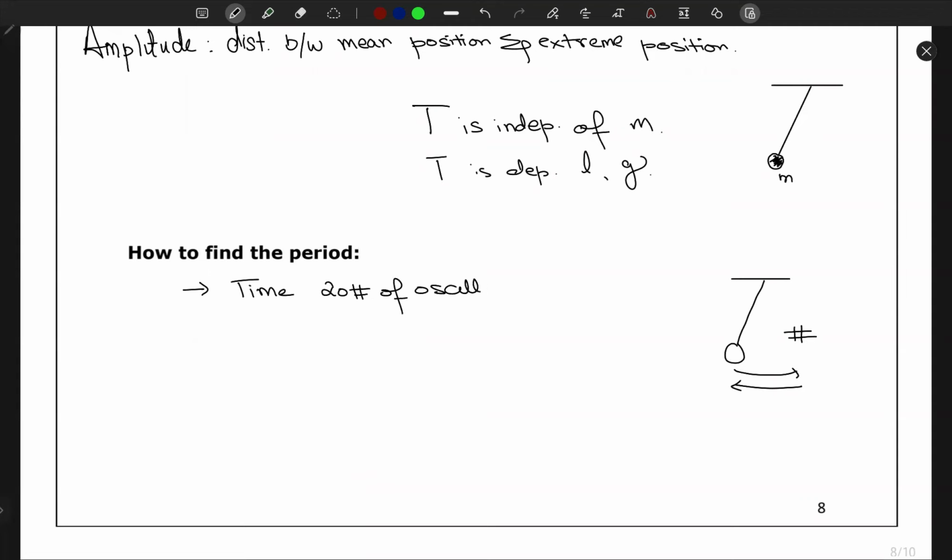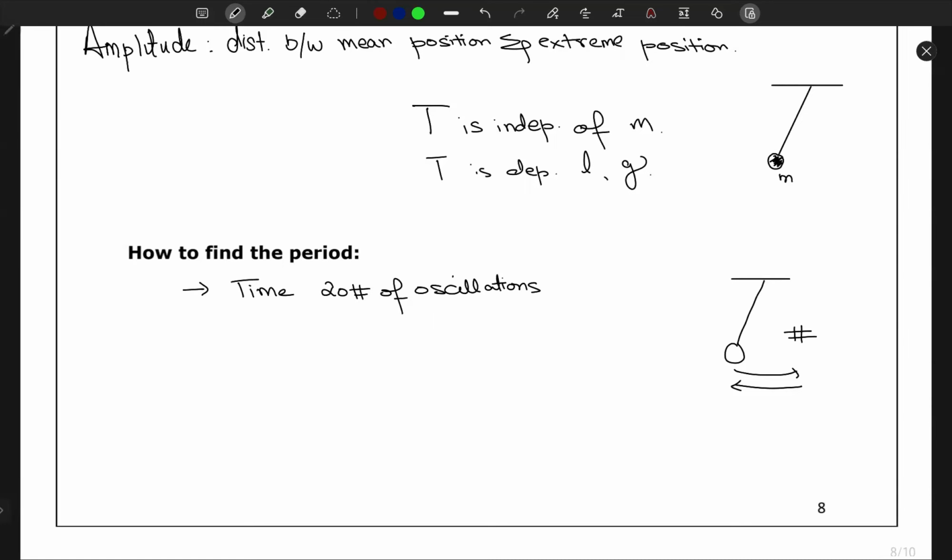Sir? Yeah. Hello? Yeah, sir? Yes, I can hear you. We measure 20 oscillations rather than one oscillation because it gives us more accurate answers and it decreases the errors. That is right, yeah, it decreases the error in the time that you're measuring.